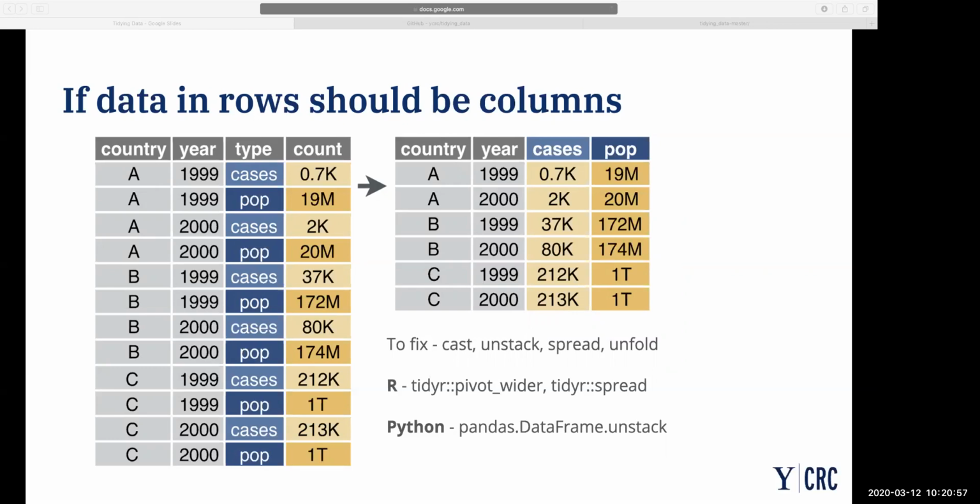And so the operation to fix this into tidy data is often called unstacking or unfolding, sometimes cast or spread. In tidyverse, they call this pivot wider or spread, and in pandas, it's called unstacking.